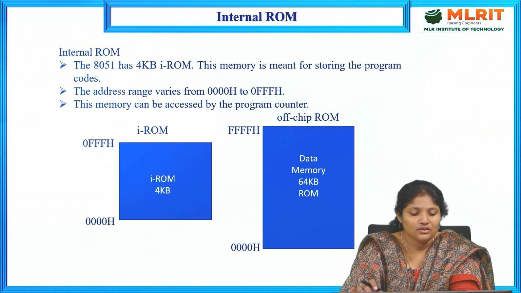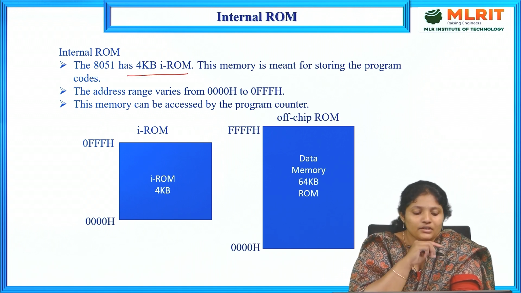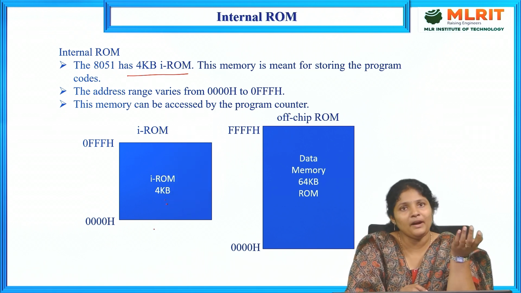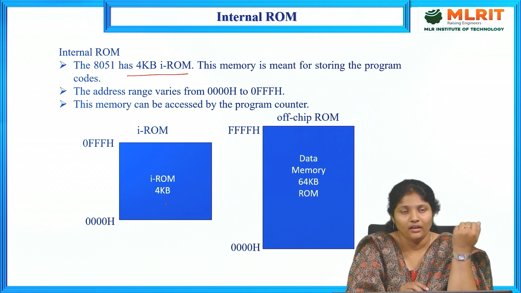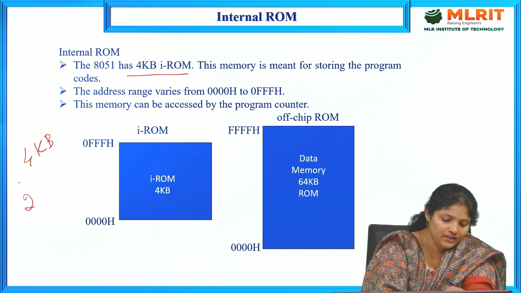Okay. So coming to the internal ROM. Basically, the internal ROM is of 4 kilobytes, IROM. So to address 4 kilobytes of memory, how many address lines are needed? 2 power 12 is equal to 4 kilobytes, right?